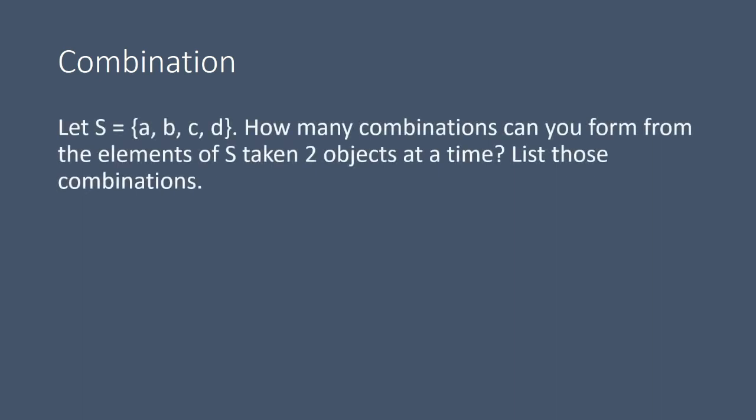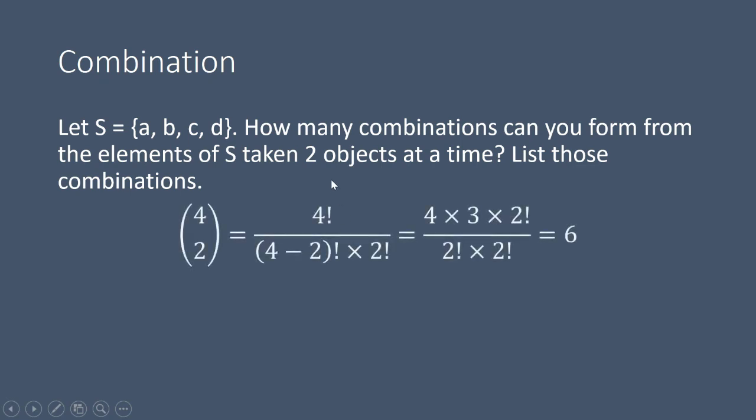Let S be the set containing A, B, C, and D. How many combinations can you form from the elements of S taken two objects at a time? List those combinations. So 4 taken 2: 4 elements, we shall take 2. How many combinations of 2 elements can we form from this set?